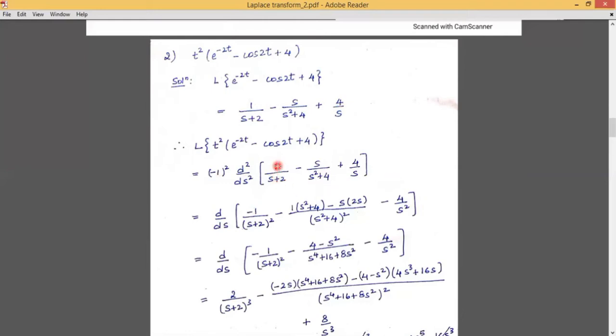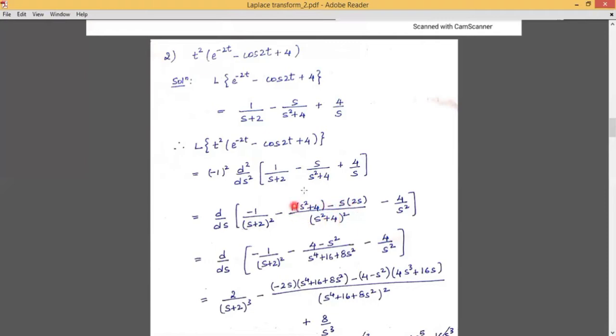The derivative with respect to s is minus 1 by s plus 2 whole square minus, and again here I have used the quotient rule. So this is u and this is v. I have used u dash v minus uv dash divided by v square.